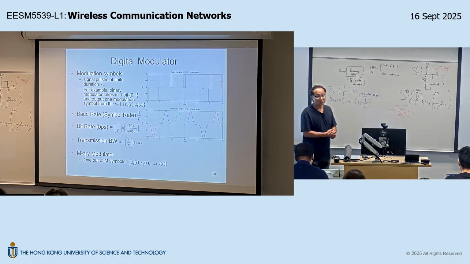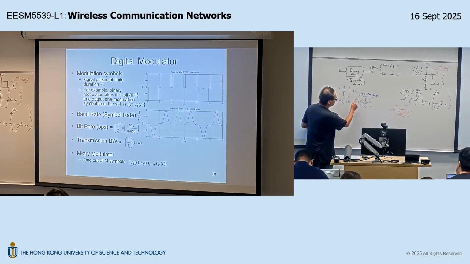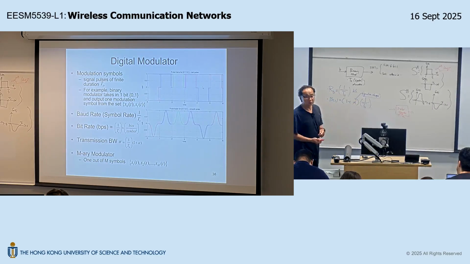Is that okay? So now, without loss of generality, we will assume we always have a pulse shaping filter so that we will never go with this design A. We'll usually send out some smooth pulse. So we can pretty much ignore this factor, assuming we have a pulse shaping filter in the process.